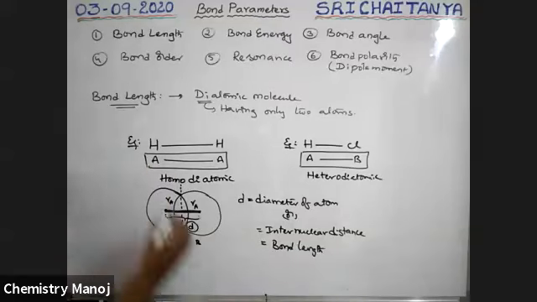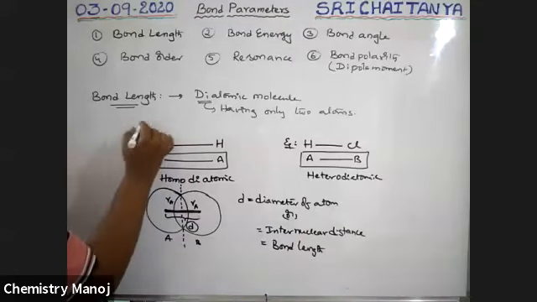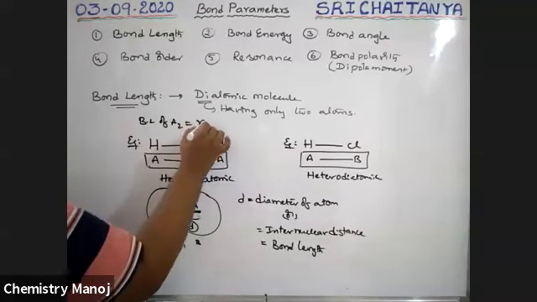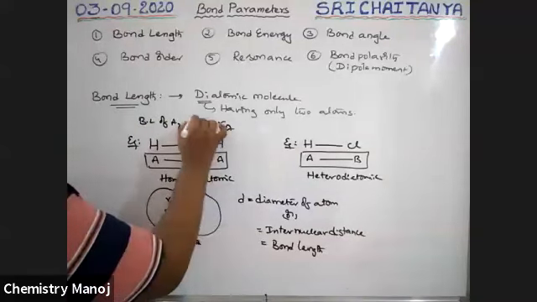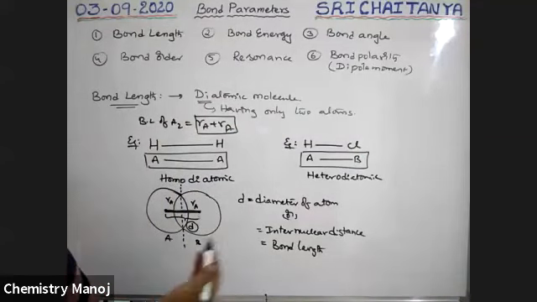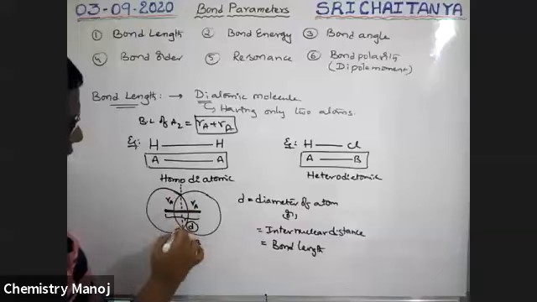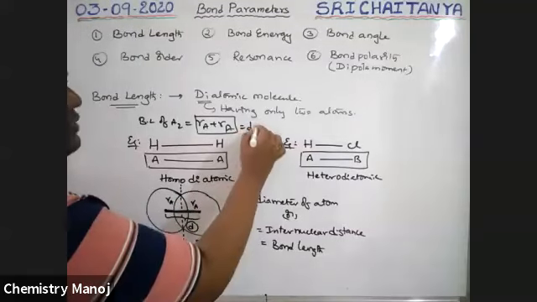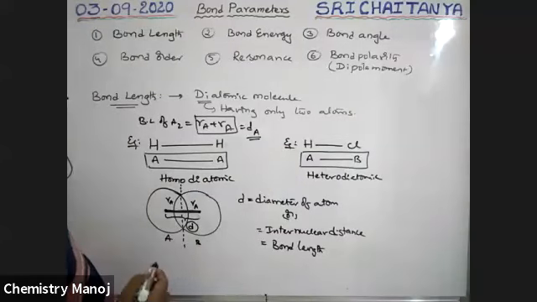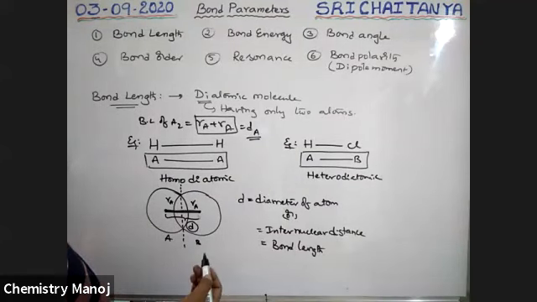So that means the AA bond length of A2 molecule is equal to radius of A plus radius of A. This is the diameter of A. How to find out the diameter of A?